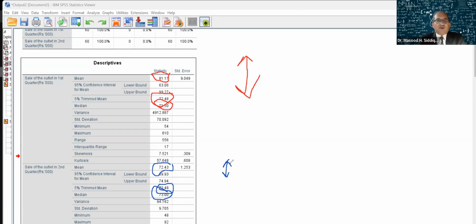So from here we can have a basic idea that outliers or extreme values may be there in the data related to the first quarter, and the second quarter we may not have that problem, that is known as outlier or extreme value. So the first thing is comparing these values. Hopefully these things are clear to all of you.